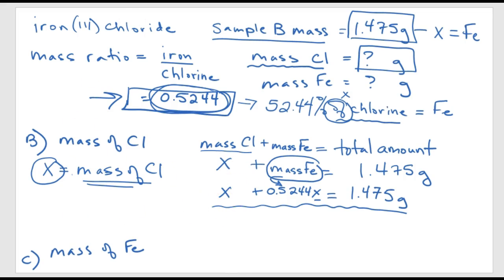So I'm looking for like terms, and I have x here and I also have x here. So the coefficient in front of x, right now I don't have anything, but we always assume this to be 1. So this is again reviewing algebra skills. When you don't have a coefficient in front of your variable, or a number in front of your variable, we assume it to be 1.